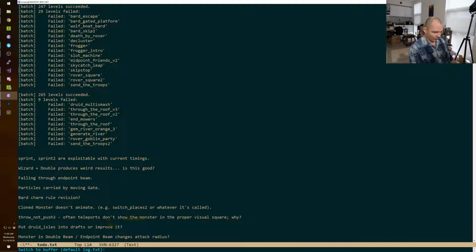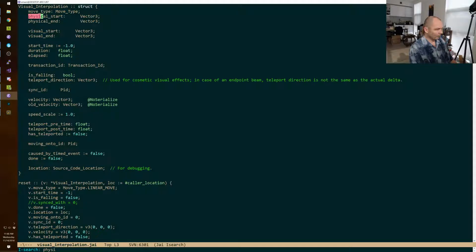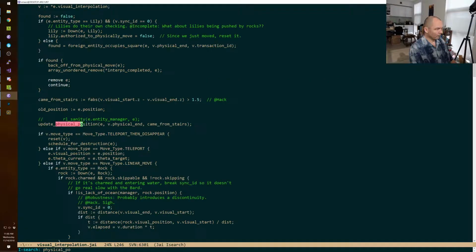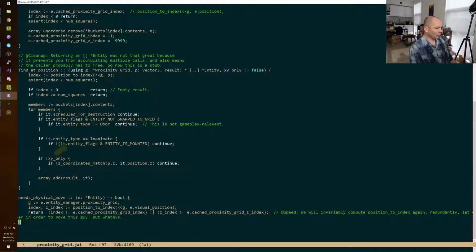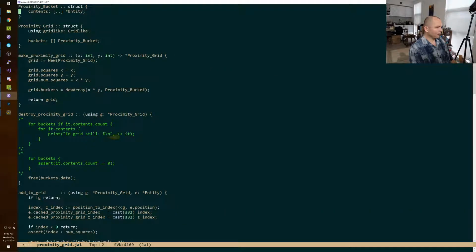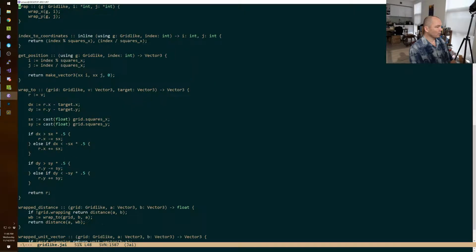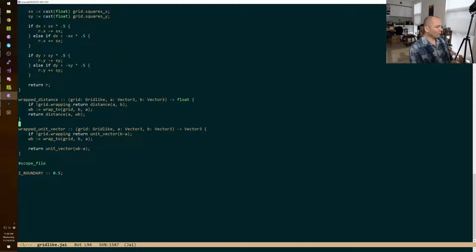Where was the thing with the Z rounding and stuff? Update physical position. No, it was in proximity grid. Remember we did that thing. Oh, grid-like. Z boundary.